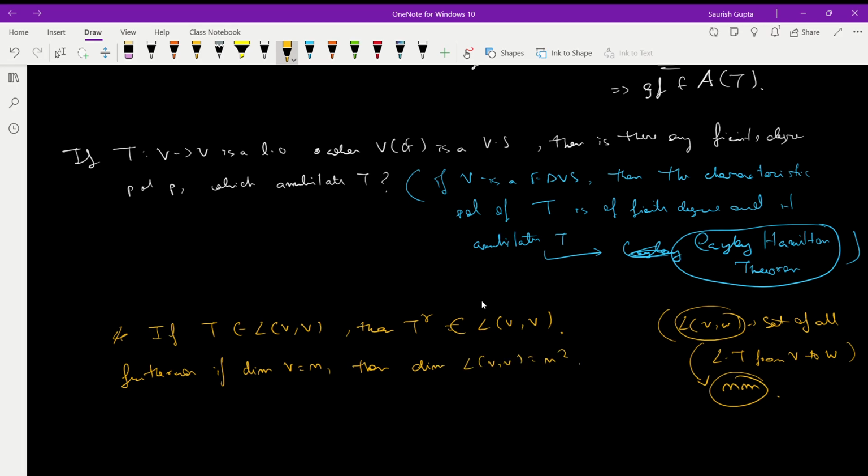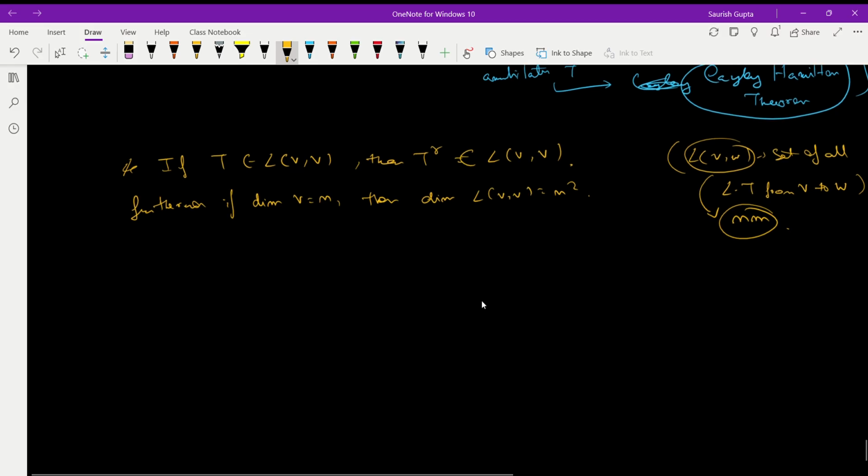Clear? So obviously the dimension of L(V,V) is n squared.